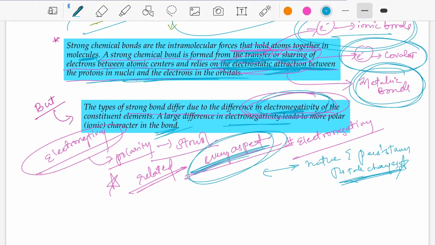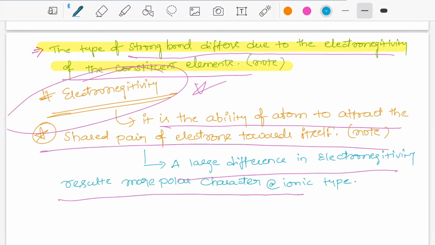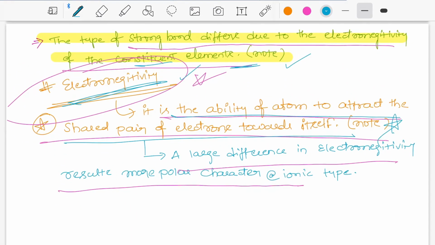The type of strong bond differs due to the electronegativity of the constituent elements. What is electronegativity? It is the ability of an atom to attract the shared pair of electrons towards itself.